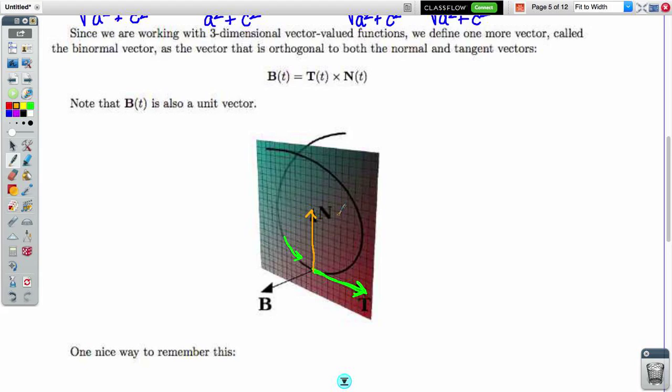So you'll have your right hand pointing, your pointer finger pointing to the right, your middle finger pointing up, and that forces your thumb to be pointing back toward you. And that third component, that third direction, is the direction of this binormal vector.